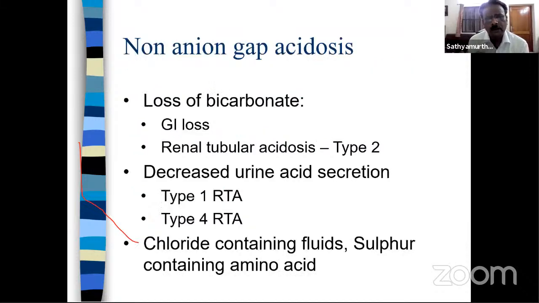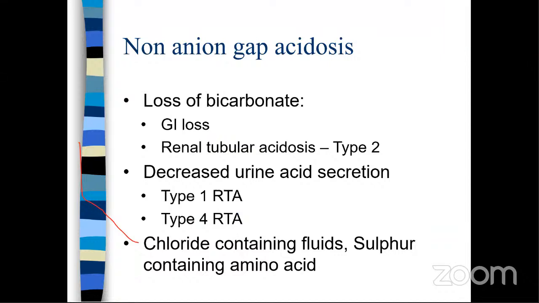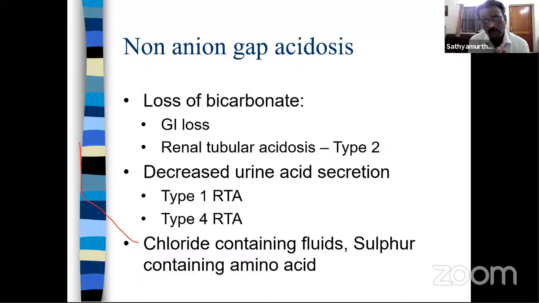So what are the causes for non-anion gap acidosis? Some patients can lose both anions and cations. For patients who have GI loss, like loose stools or vomiting, with vomiting you actually lose chloride, which is why they get alkalotic, whereas if they have diarrhea, generally they'll have acidosis. But if you look at the anion gap, it will be normal. Similarly, patients who have renal tubular acidosis, be it type 1 or type 2, all have non-anion gap acidosis.